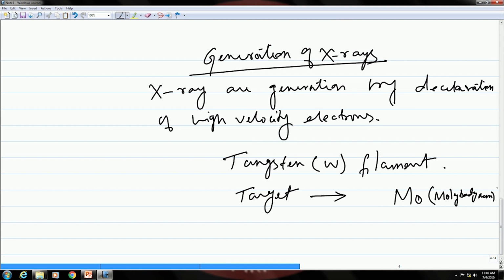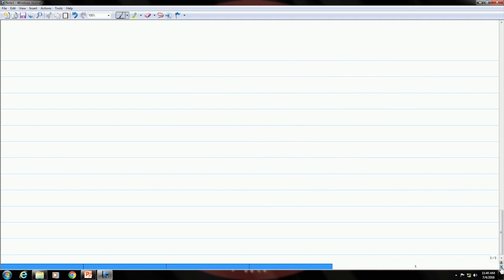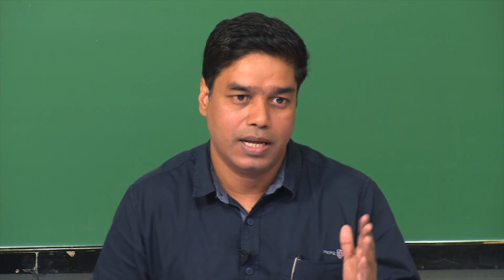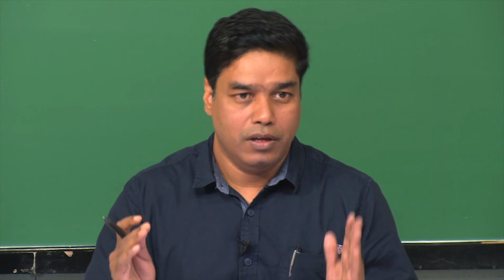So, in order to provide the kinetic energy to the electrons, you need to maintain a very high voltage between this tungsten filament and the target. The tungsten filament is the cathode and the target, which is the molybdenum in this case, is the anode. Okay.